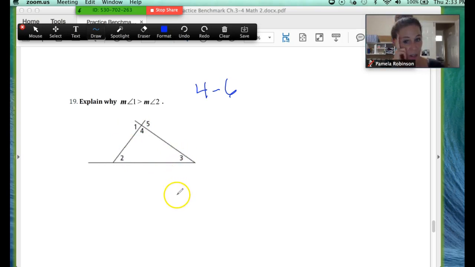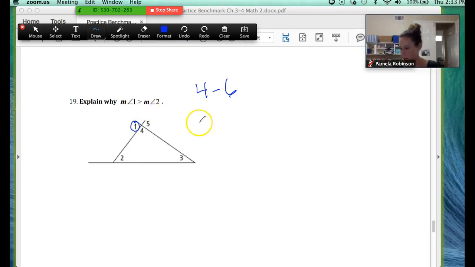Now the exterior angle inequality says, if the exterior angle equals this plus this, then it has to be greater than any single angle. Added together, they equal that. So just alone, angle 1 will be greater than angle 2, or angle 1 will be greater than angle 3. So why?